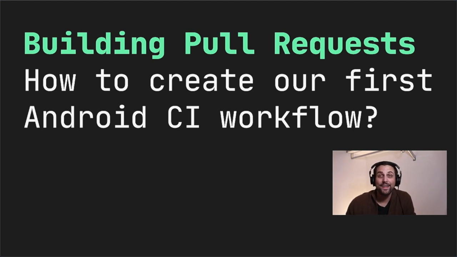All right. So now that we have an idea of what these building blocks are, a little bit of an idea of how to put them together, and we know what it's going to look like within GitHub, let's jump in and start building our own CI pipeline with GitHub Actions for Android.